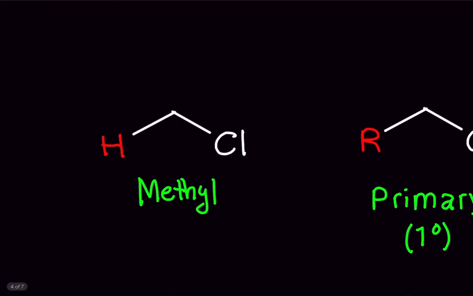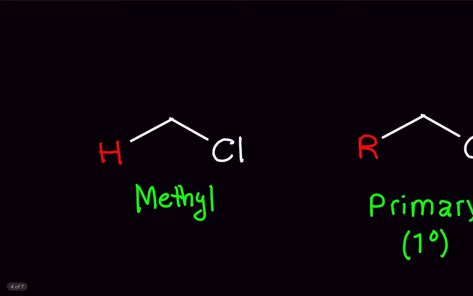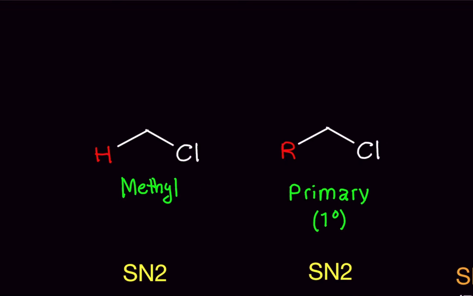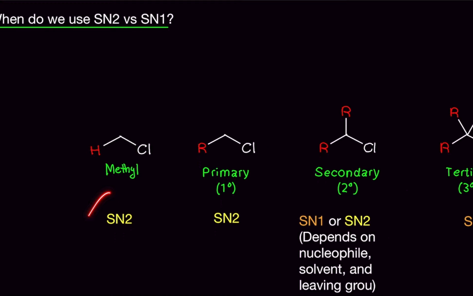The carbon that's directly adjacent to the halogen is the alpha carbon, okay? So whatever is bonded to the alpha carbon is what we're looking at. So say if there's just a hydrogen bonded to that alpha carbon, we call that a methyl. This is okay for Sn2.